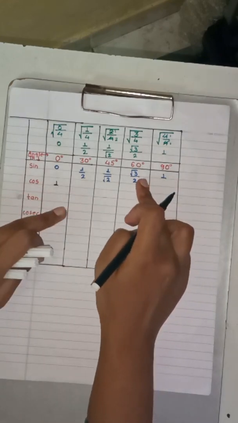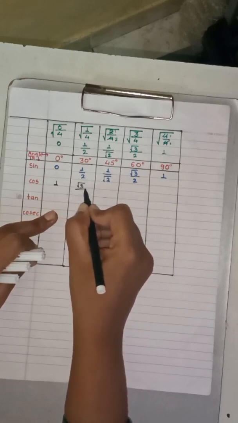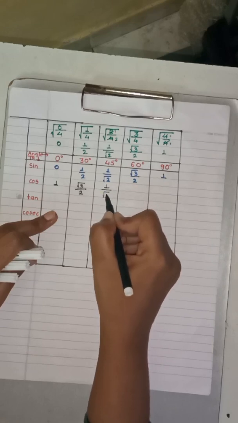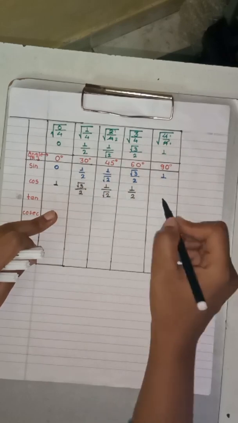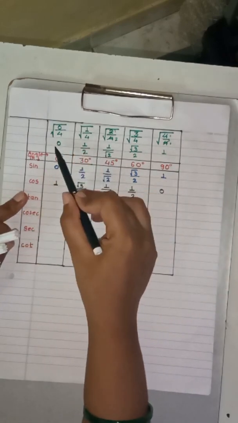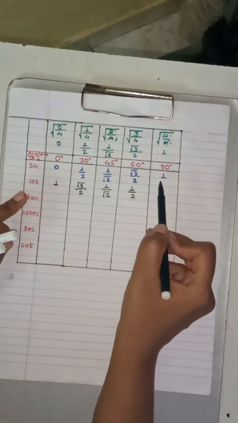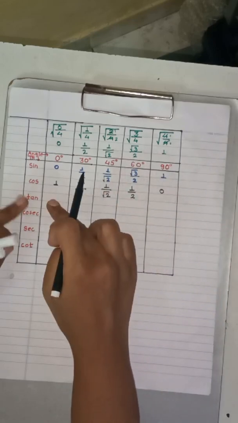After that root 3 upon 2, then 1 upon root 2, then 1 upon 2 and 0 will come here. So whatever value comes after taking the square root of these numbers, that you have to write in sine. After writing it in sine, for cos you will be writing the values of sine in reverse order.